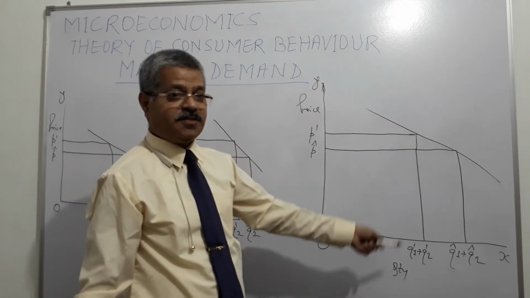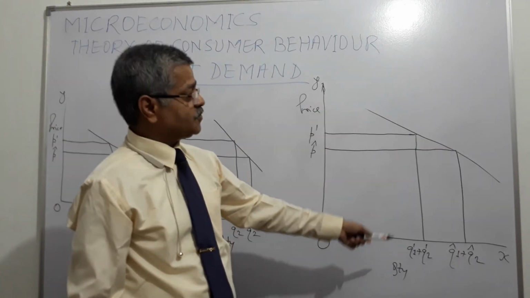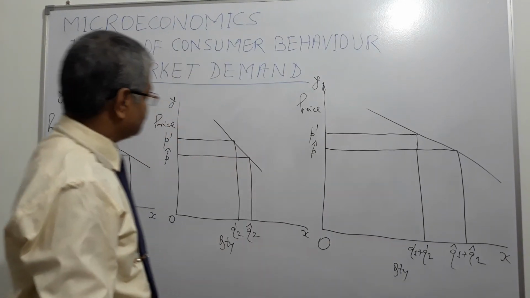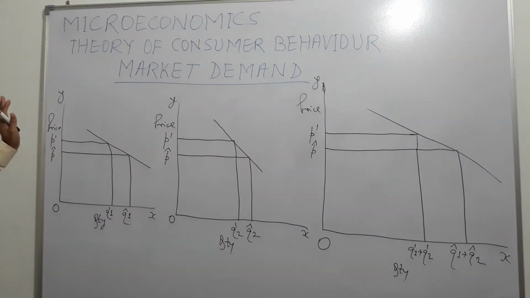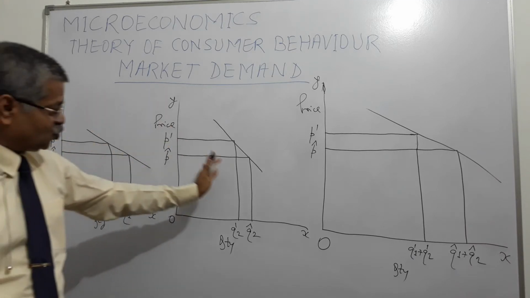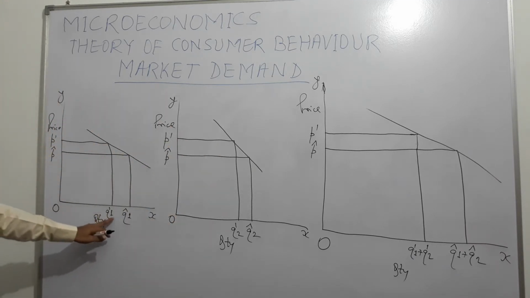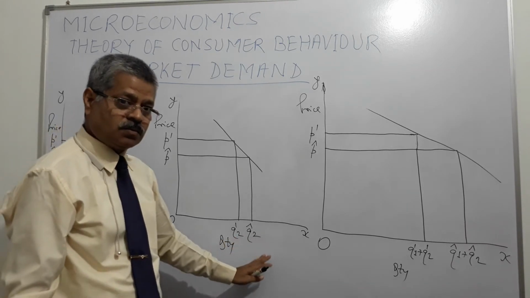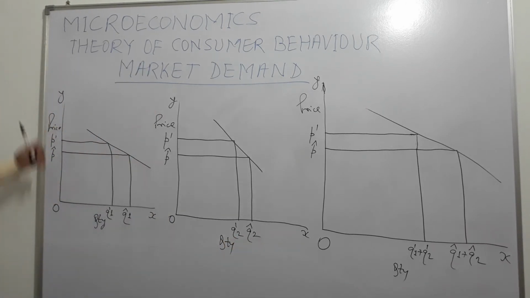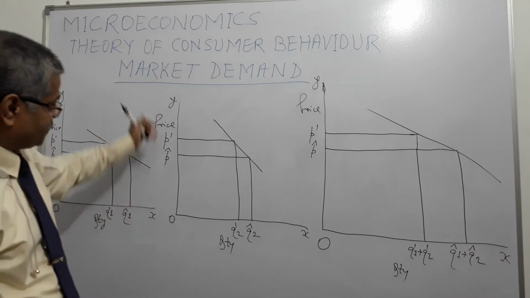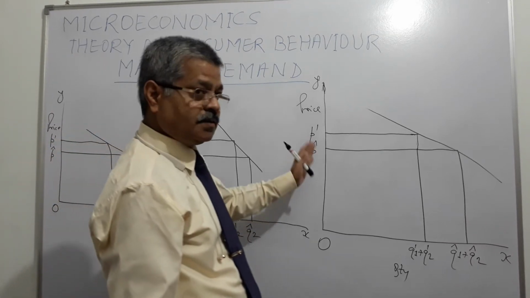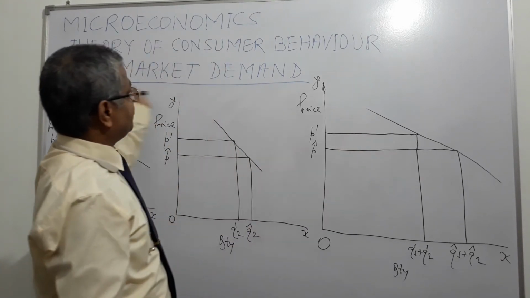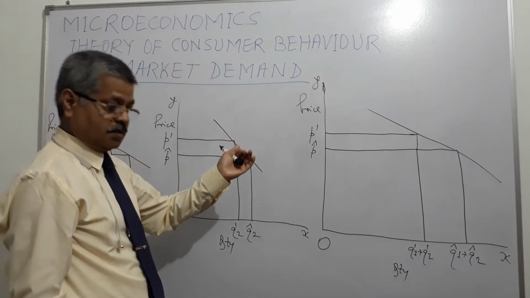Initially I showed you two diagrams, the demand curve and the linear demand curve. So customer 1, customer 2, price, quantity, then horizontal summation of the demand curves to arrive at market demand.